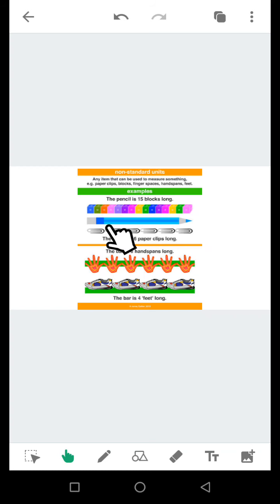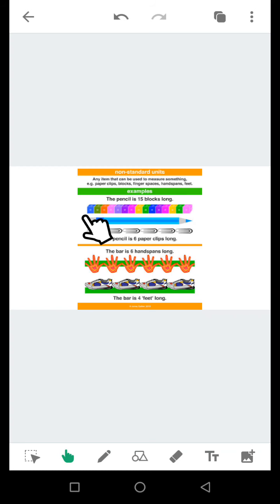Okay, we want to use these small blocks to measure the length of this pencil too. So let's count the number of blocks that cover the length of the pencil. We have 1, 2, 3, 4, 5, 6, 7, 8, 9, 10, 11, 12, 13, 14, 15.